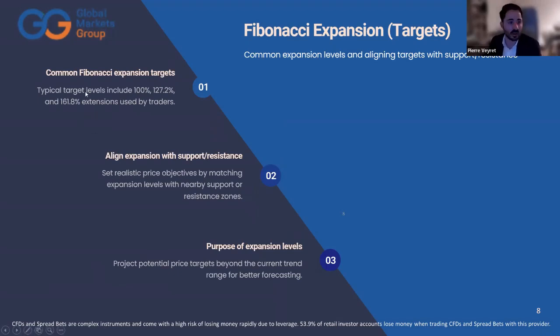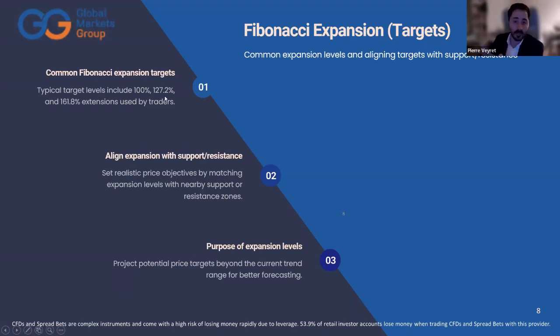Common Fibonacci expansion targets: 100%, of course, 127.2% and 161.8% extensions used by traders. Align expansion with support and resistance: set realistic price objectives by matching expansion levels with nearby support or resistance zones.